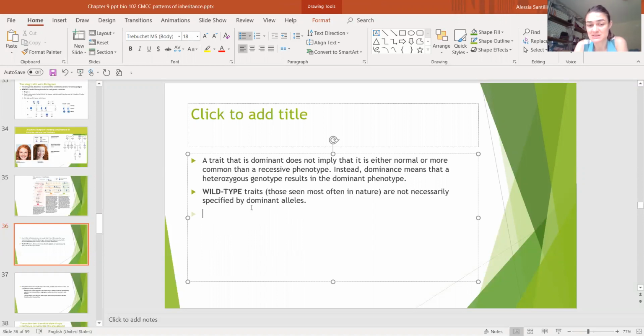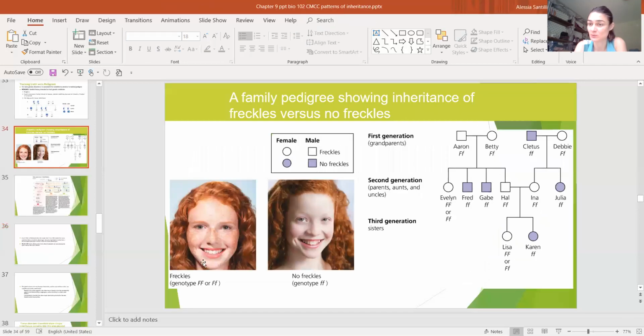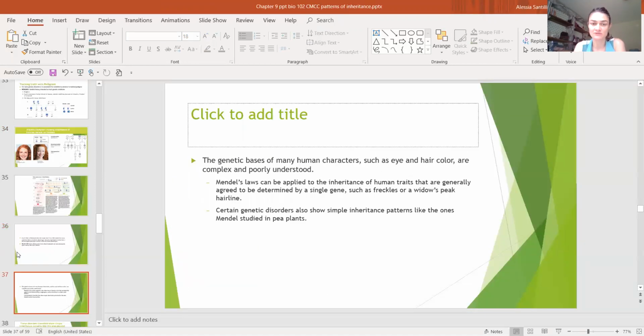These are not necessarily specified by dominant alleles because, like I said, dominant doesn't necessarily mean the one that shows up the most. Freckles are dominant, non-freckles are not dominant, and not having freckles is actually what we have most often.